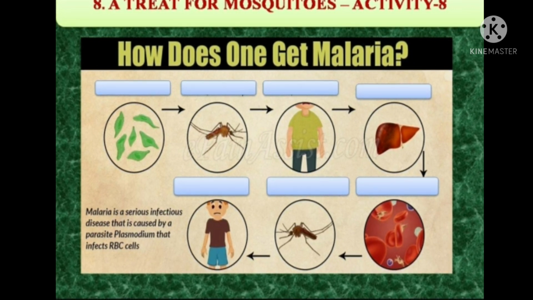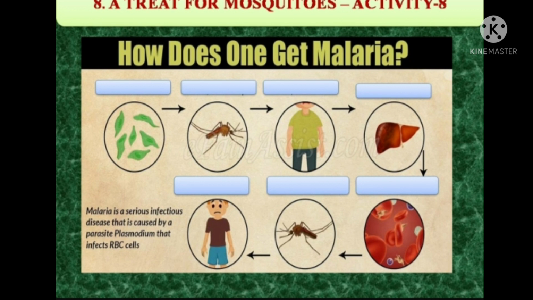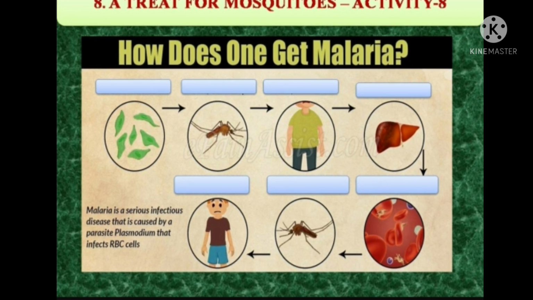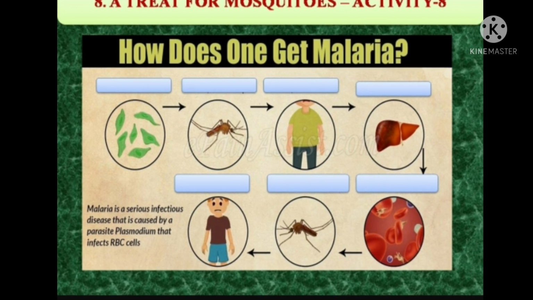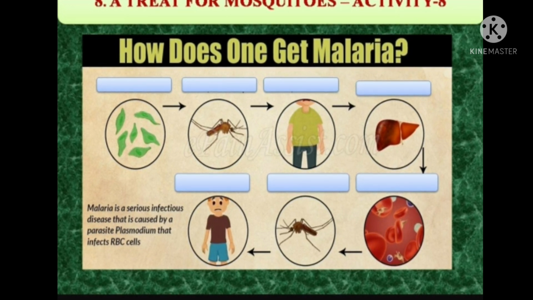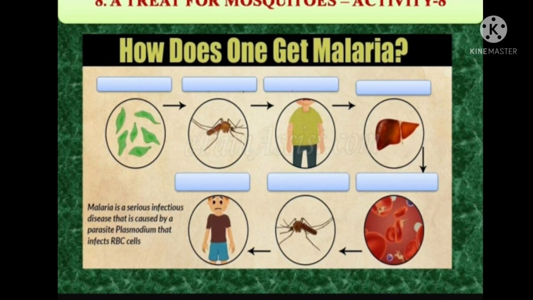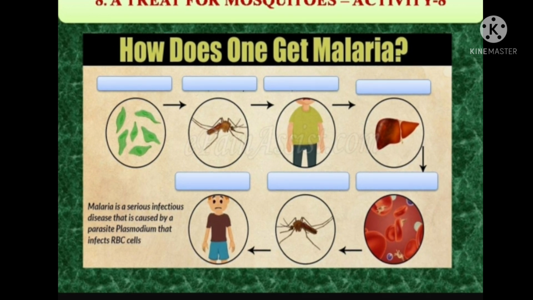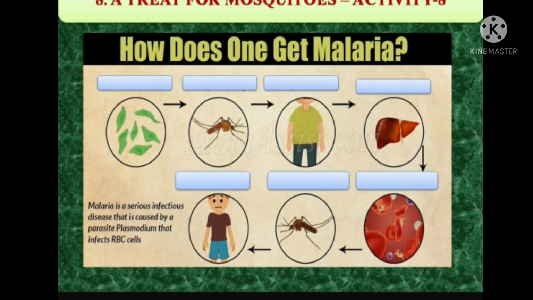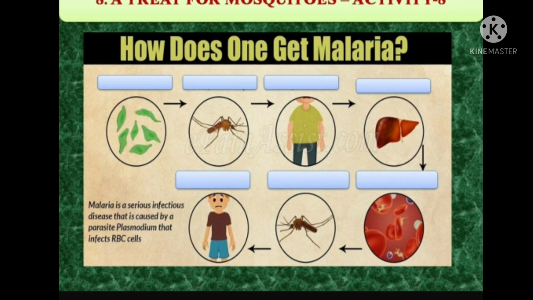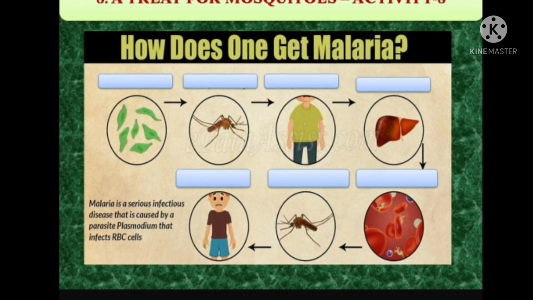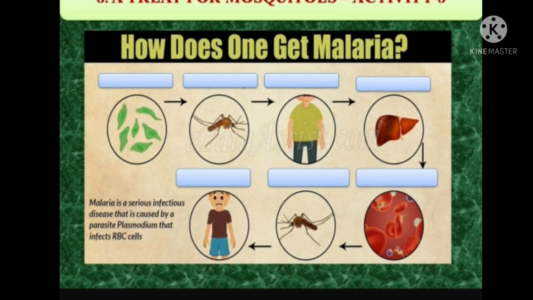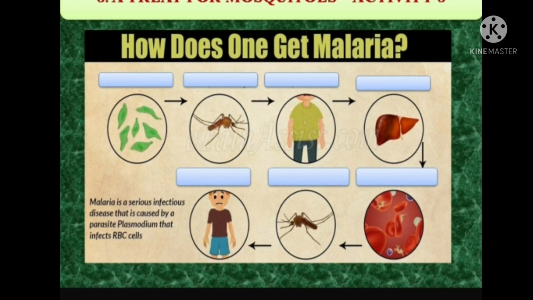Everyone, this is the activity for the day. How does one get malaria? So based on your analysis, you have to fill up the boxes and write. You can either take a screenshot and fill it up, or you can just draw it in your copy and fill it up.